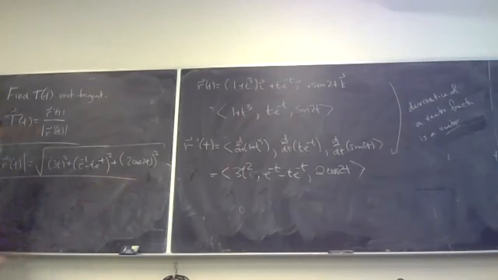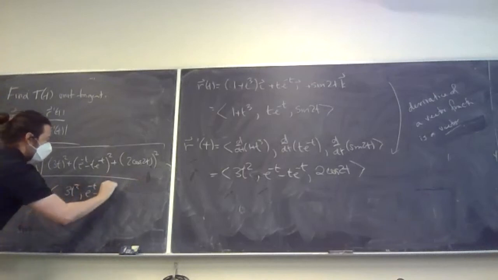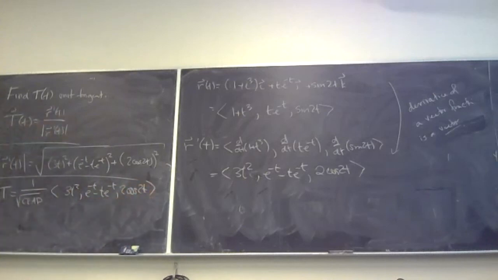So if you wanted to compute T, you would write down 1 over this big mess times the vector r prime of t, which was 3t squared, e to the minus t minus t e to the minus t, and so on. I'm saying that this is the correct version. But the idea here would be that no matter what t you plug in, the length of this vector is always canceled by this quantity that you've computed here.